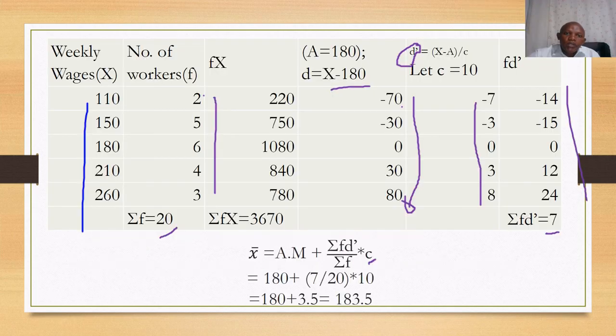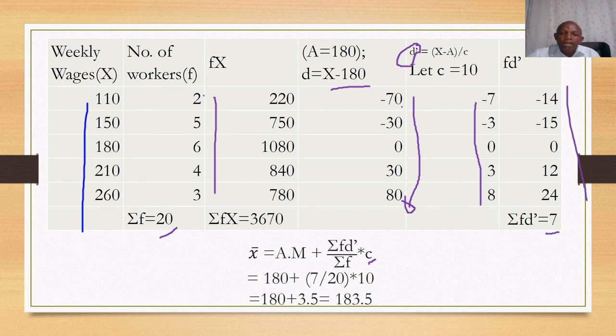Now how do we implement it? Fairly simple. If we are using those values that we used before, and the frequency has not changed, what we need to know here is that if our assumed mean is 180, 110 minus 180 is negative 70, and you can do the same until the last value here.